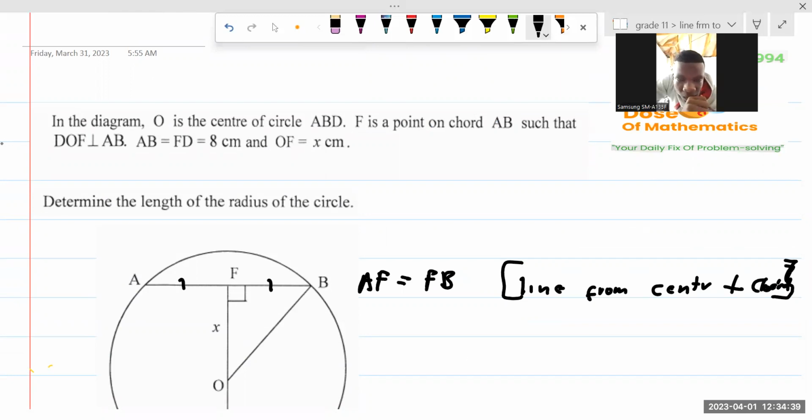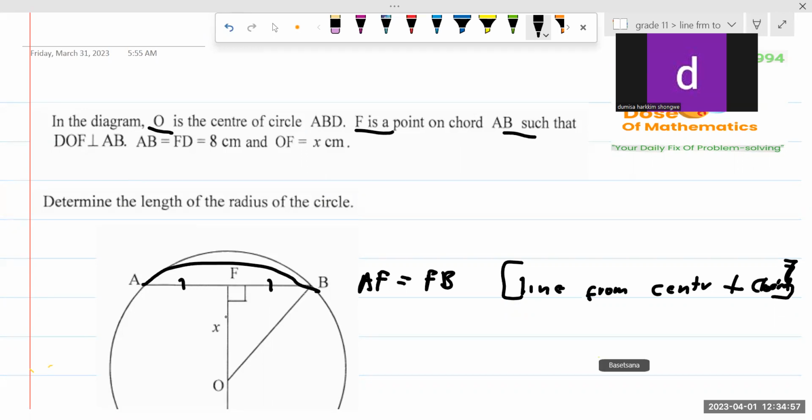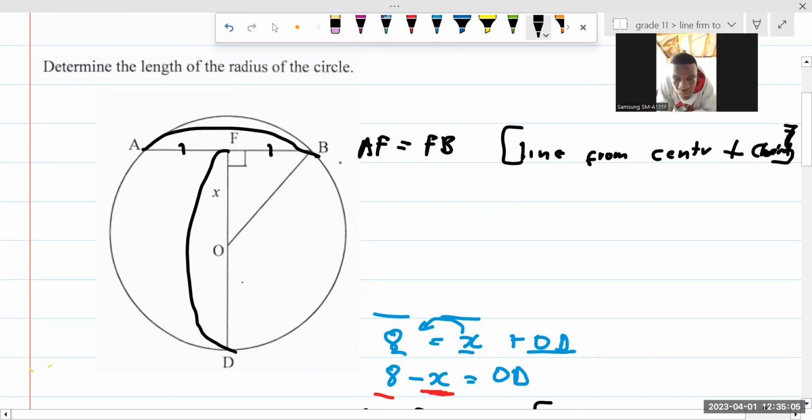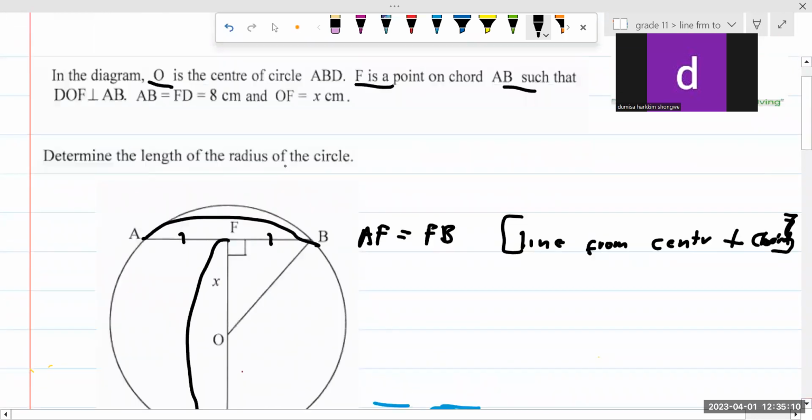And then from there onwards, after you have done this, you can go and read your statement. On your statement, they say you have a diagram with center O, and then you have point F on the chord AB such that the two are perpendicular. And then they say that AB from A to B is equal to F to D. And then they are saying those things are equal to 8.